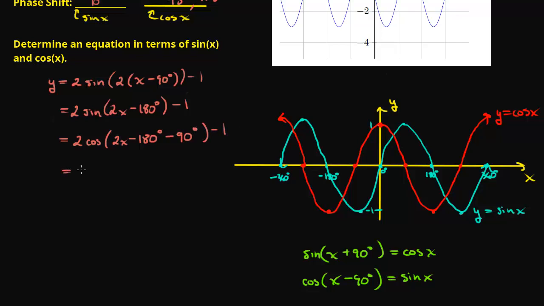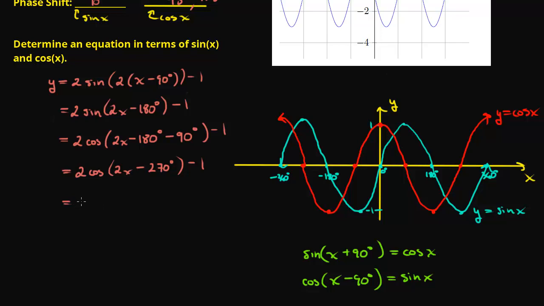And now I can write this as 2 times the cosine of 2x minus 270 degrees, minus 1. And so this is one way to model the function that you've got above.